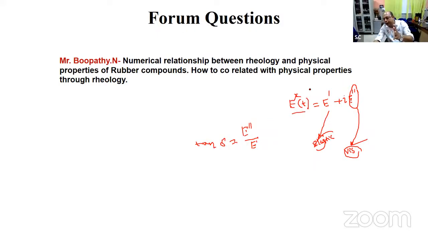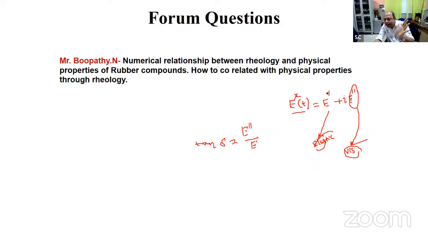Again, you can do the measurement at an instant of time, say time t equals 1 second, at a given temperature, and frequency is the inverse of time. So you are getting the physical properties, which is a dynamic property of the material, from that.